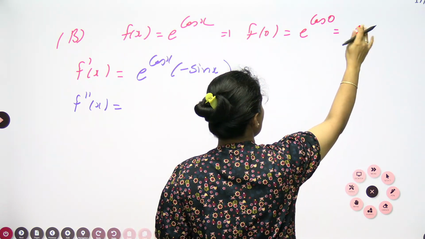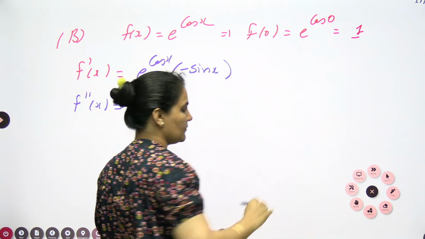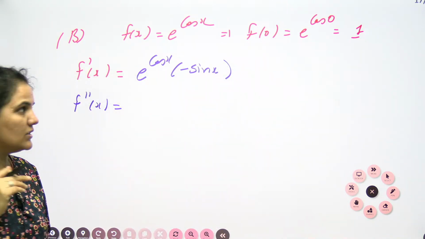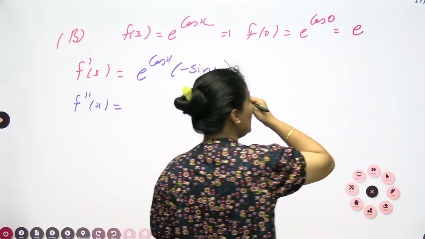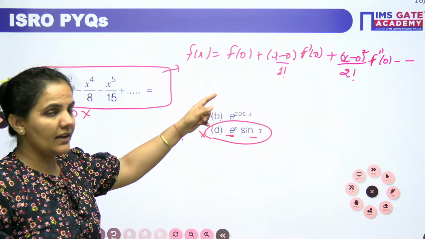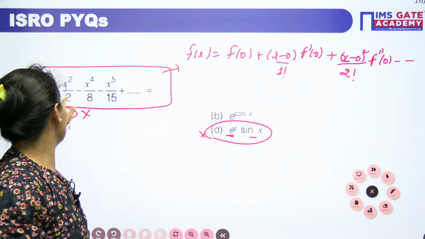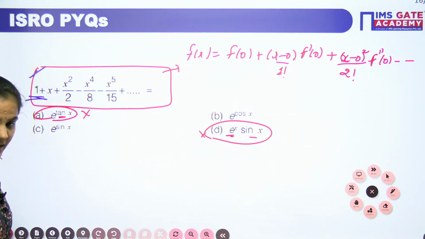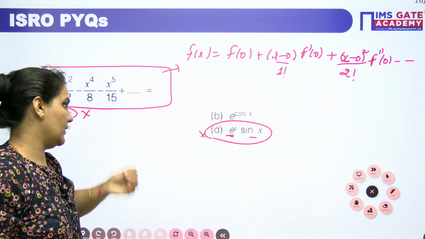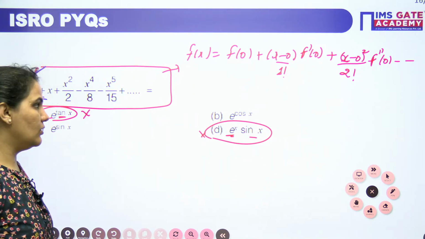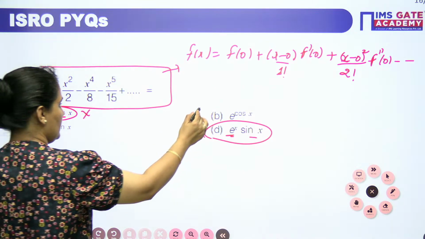Cos 0 is 1 only, so this will be e. I don't think it is satisfying, because in the series I need the very first element as 1. So dear students, option B will also not work.